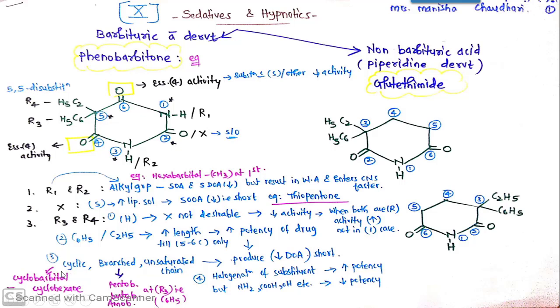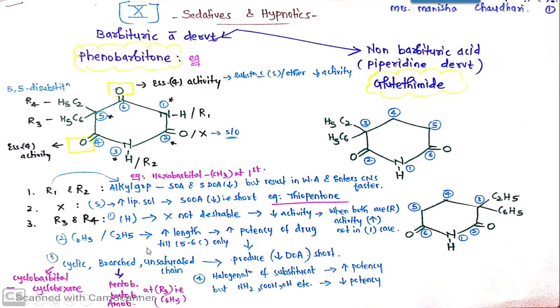So if it is in cyclic form, that is cyclohexane, as in case of cyclobarbital, and as in case of branched chain, this R3, that is phenyl, is substituted by respective alkyls: butobarbitone, it is butyl; amobarbitone; and pentobarbitone. So isopropyl group is present, butyl is present, pentyl is present. So branched chain can also be possible, as well as unsaturated chains are also possible. So this is with the substituent types.